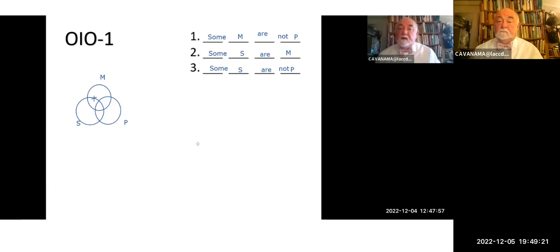Then some S are M. There's at least one thing which is an S and it's also an M, but again, we don't know which bit that is, so we're going to make X dangle on its other border here. So that says it could be in either of those two bits, just like the first X.